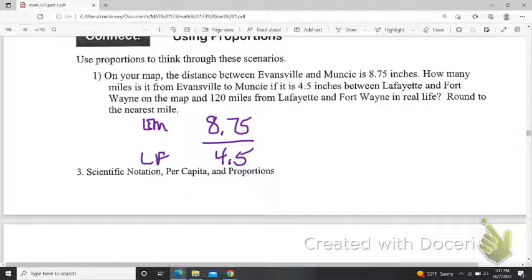When I set this up, when I see those first two, I can do whatever I want. In fact, I ended up doing inches to inches, right? These are both inches, but I have to set the other one up in the same way. So since I put Evansville to Muncie on the top, Evansville to Muncie has to be on the top. We don't know that, and we know the Lafayette to Fort Wayne.